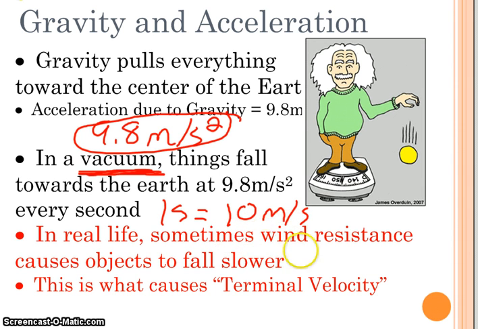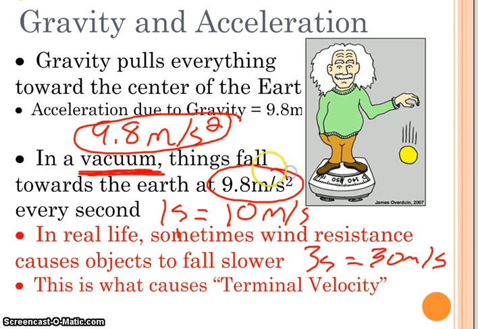So if you think about that, if we let something fall for 3 seconds, what would the final velocity be? 30 meters per second. Because for every second we let it fall, it increased the speed by about 10 meters per second. We'll talk a little bit more about this tomorrow. We'll do a couple demos with this.